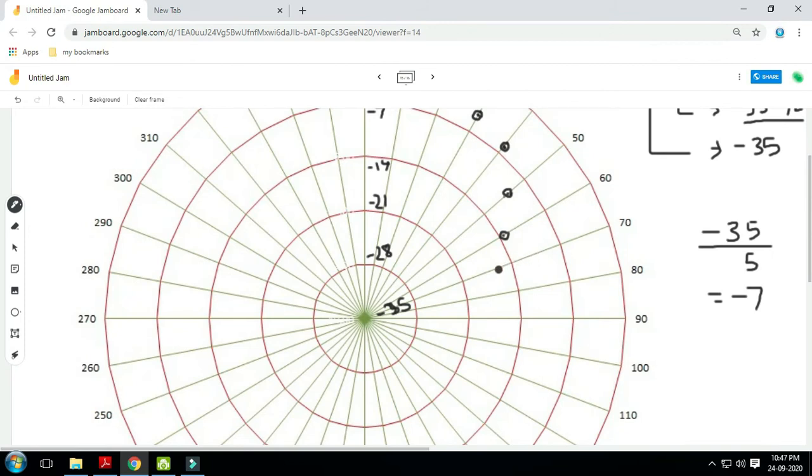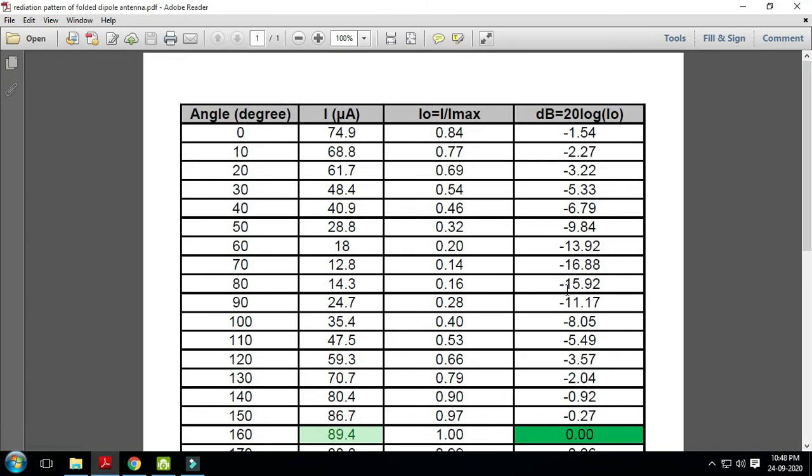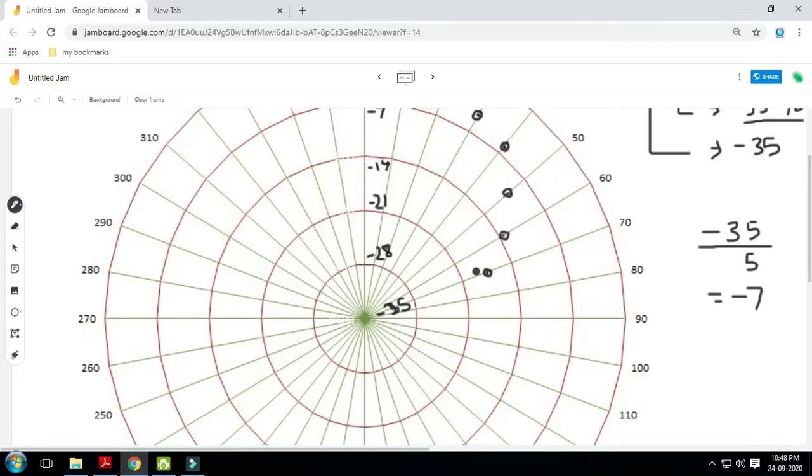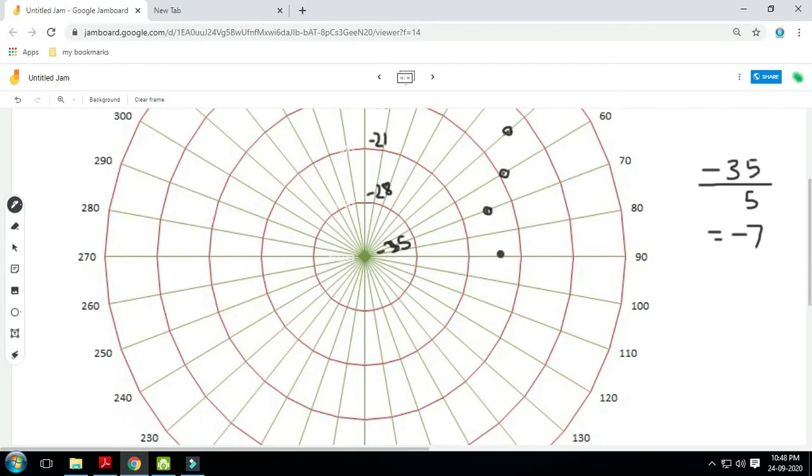So 17 is 14, 15, 16, 17. 17.5 is the midpoint of minus 14 and minus 21. So you can put it here. The value was 16.88. It is almost 17. So you can put your value here.